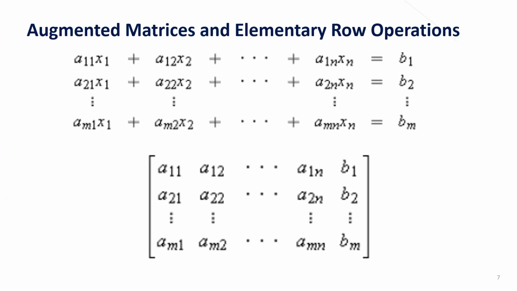Okay, this slide introduces us to augmented matrices and elementary row operations. These two are crucial tools in linear algebra. So what is an augmented matrix? An augmented matrix basically combines the coefficients and constants of a linear system into a single matrix.